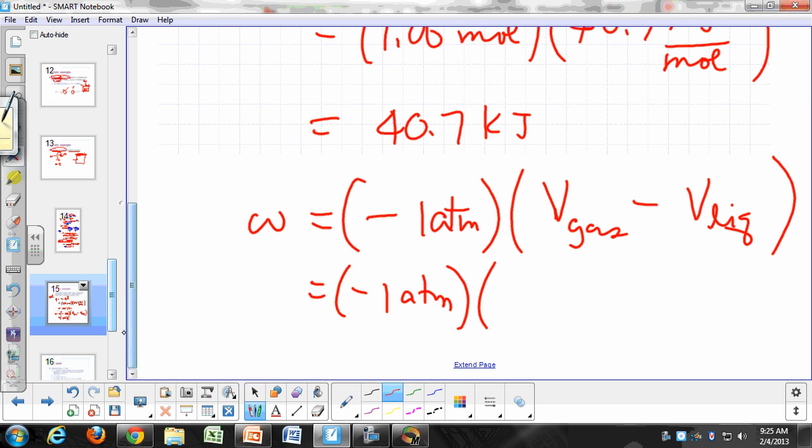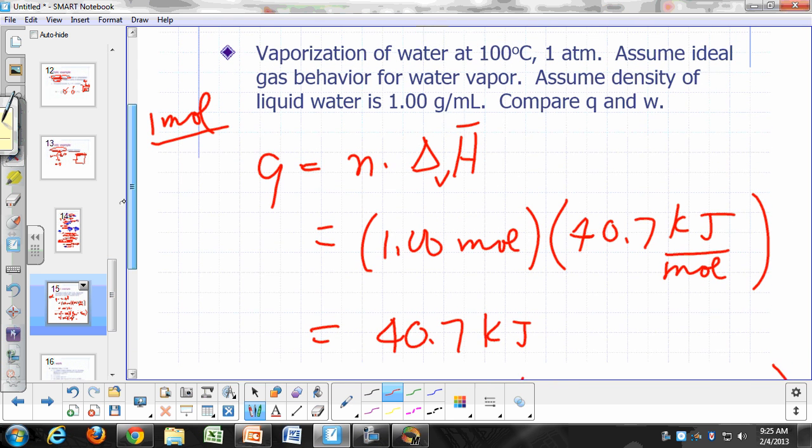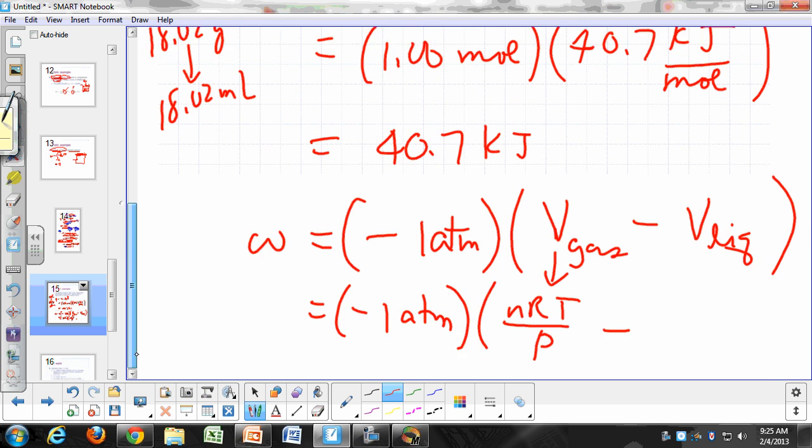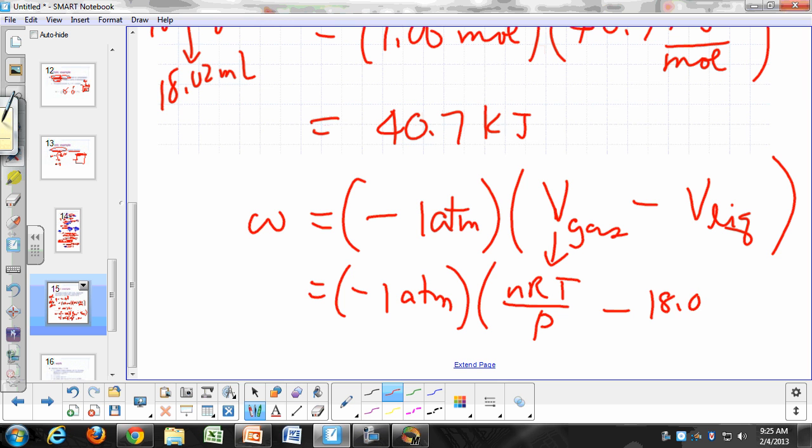Assuming ideal, what's the formula for volume of a gas? RT over P, minus the volume of the liquid. 1 mole of water is how many grams? 18.02 grams. Assume it's a gram per mL, so that's going to be 18.02 mL, right? So the volume of your liquid is 18.02 mL.